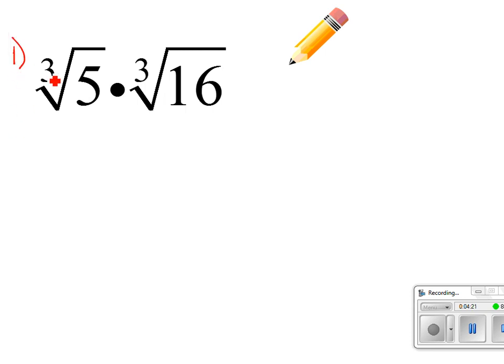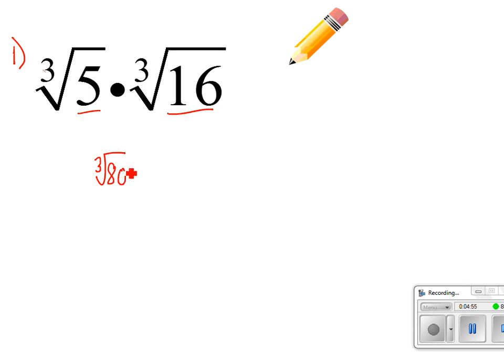On problem number 1, it says the cube root of 5 times the cube root of 16. Because they both have a cube root radical sign, we can go ahead and multiply those radicals. So that would be the cube root of 16 times 5, which would be, I need a calculator here, the cube root of 80.